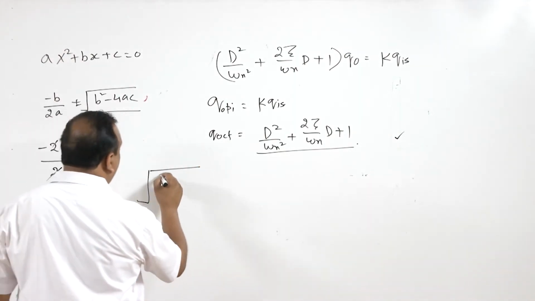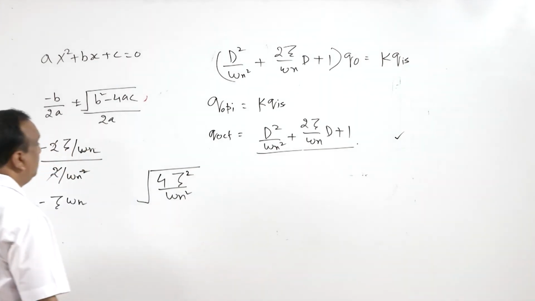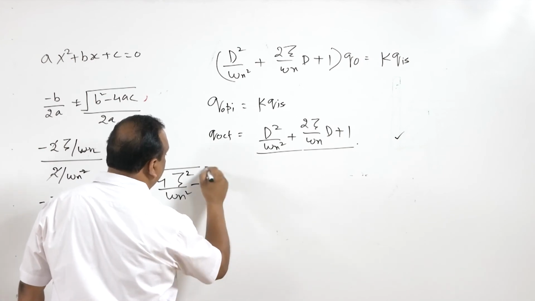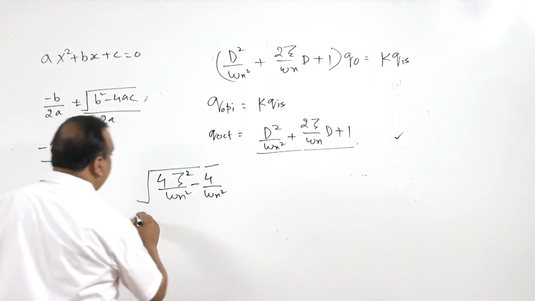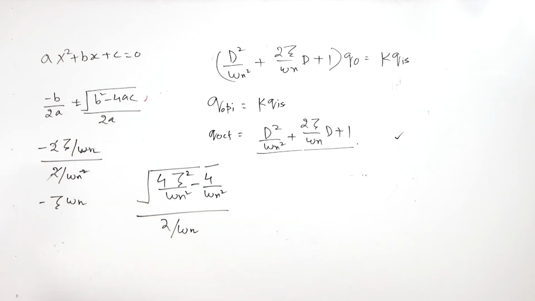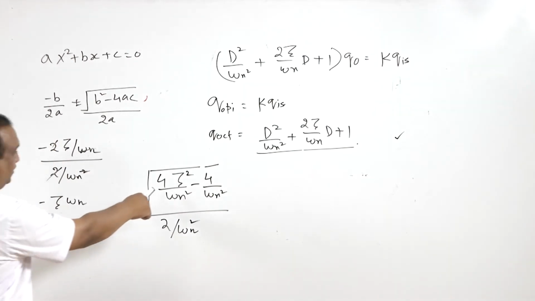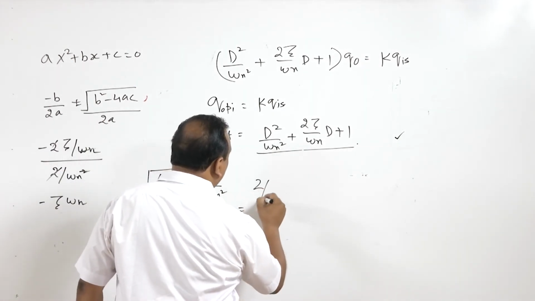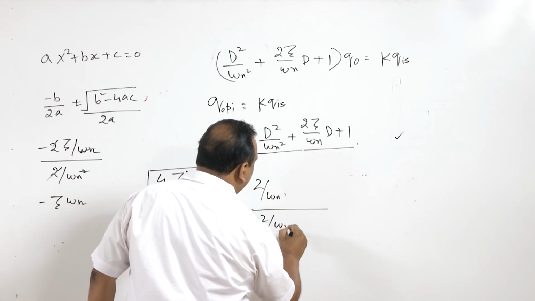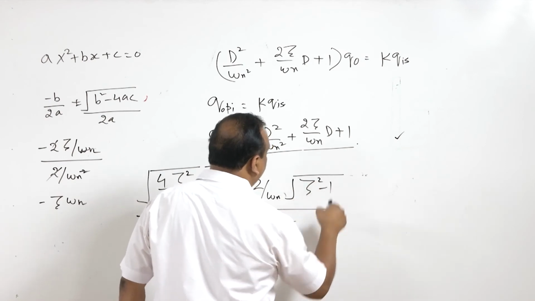It is going to be 4 zeta square by omega n square, that is b square, minus 4 times ac, that is 1 times 1 by omega n square, divided by 2a, that is 2 by omega n square. This further simplifies to 2 by omega n divided by 2 by omega n square, multiplied by under root zeta square minus 1.